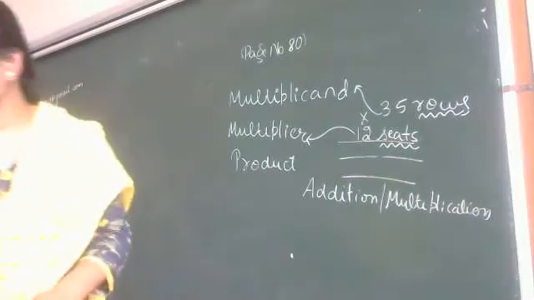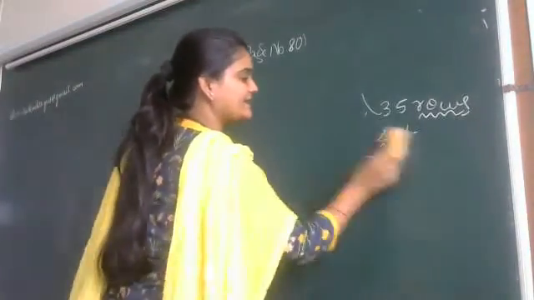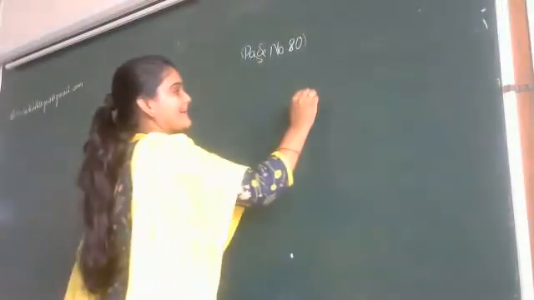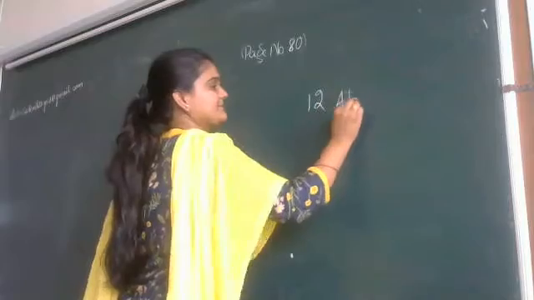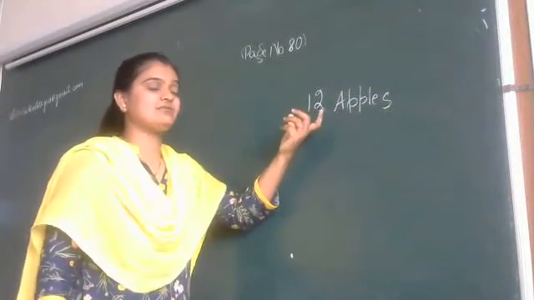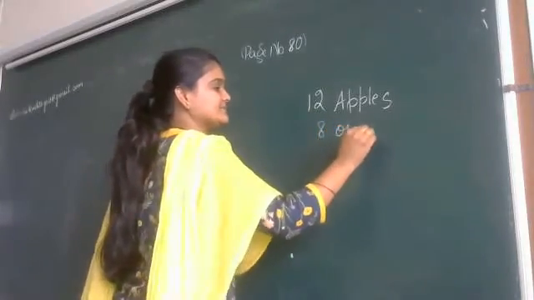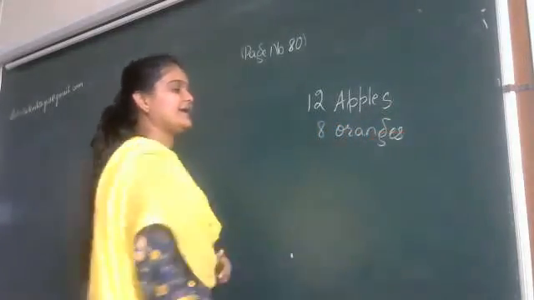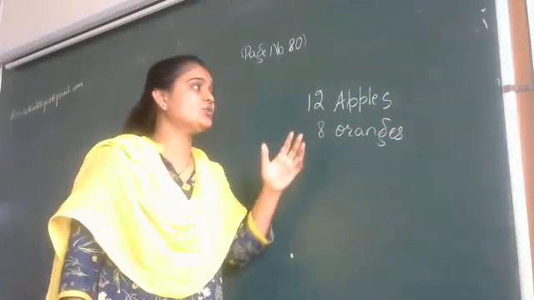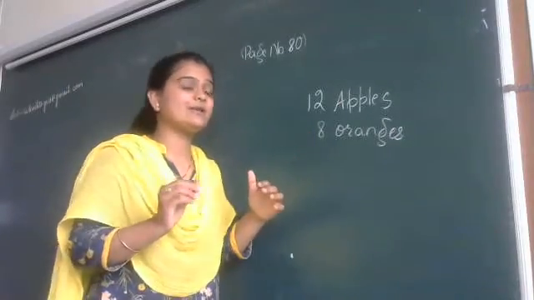Now if I ask you, in a fruit basket we have 12 apples and 8 oranges. Now if I ask you how many total apples and total oranges are there, what will you tell me?